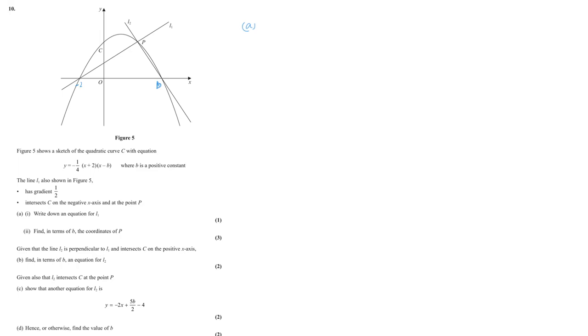Now L has a gradient of a half, and you can see that it intersects the negative x-axis. So it intersects at that -2. So it's got a gradient of a half, and it crosses to the point -2, 0.